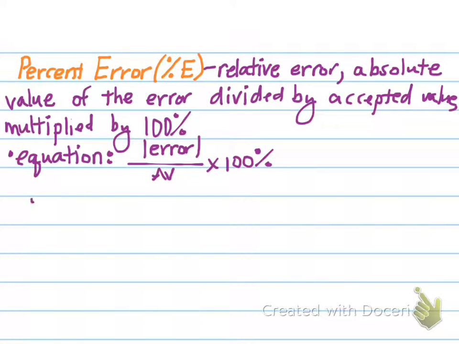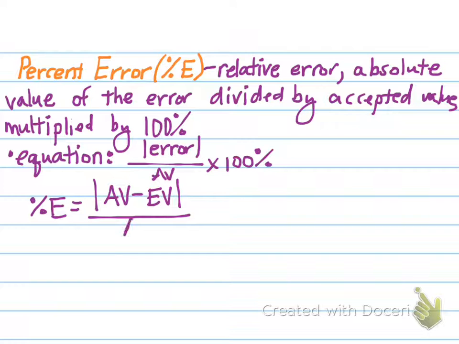What most people remember as the percent error equation is that percent error equals the absolute value of the accepted value minus the experimental, which is how you calculate error, divided by the accepted value times 100%. So normally, this is the equation people remember for percent error.